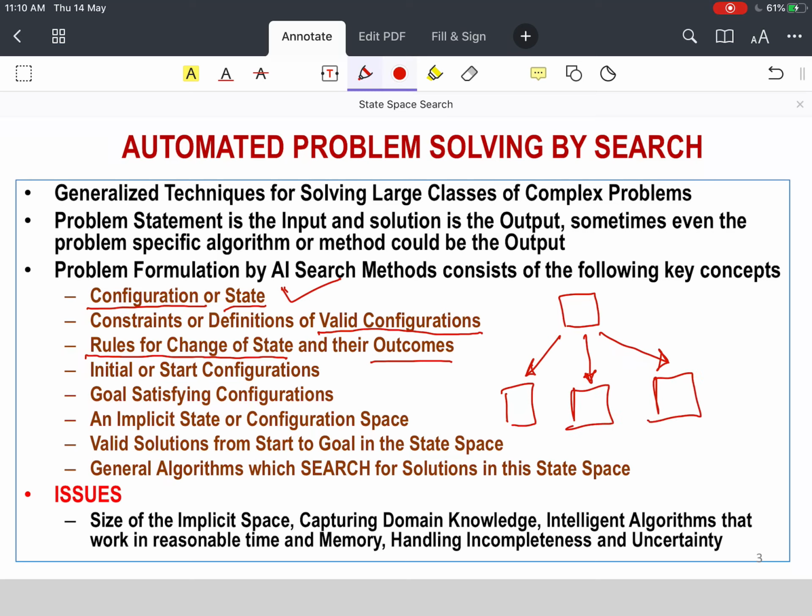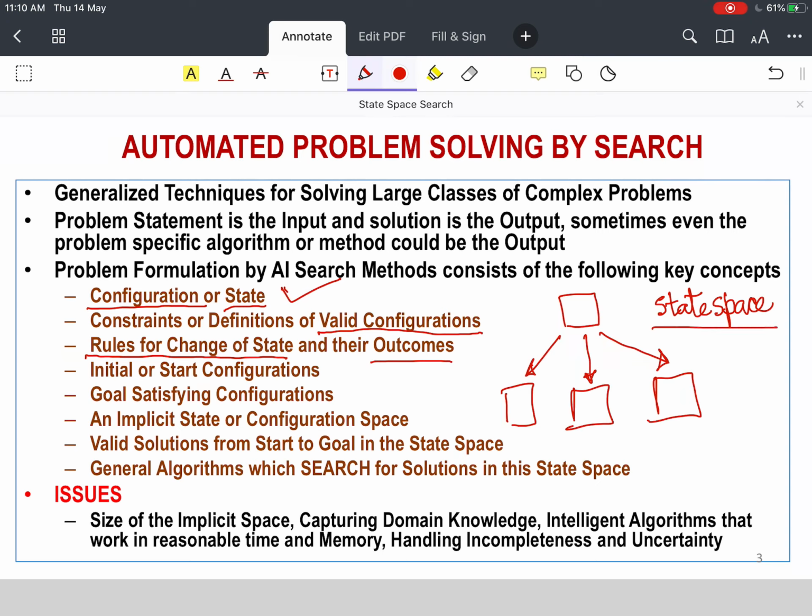So it's a local definition of how from one state we can move to several other states. And this local definition is applicable on every valid state, which means that by this local definition being used again and again, we create what is called the state space.